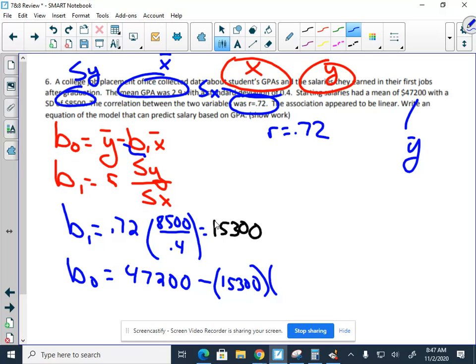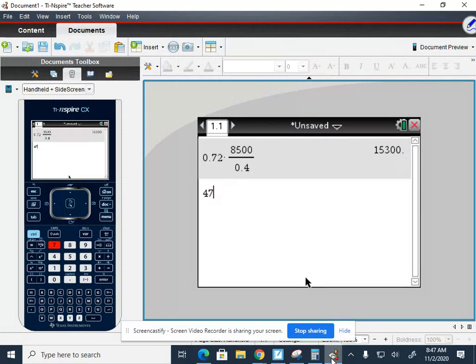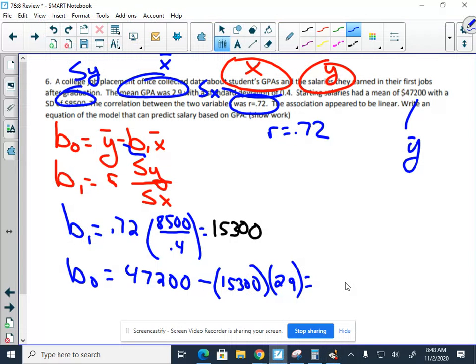And then times X bar. So X bar is 2.9. So we put this in. You get these equations on the test, yes. So this gets us 2830.